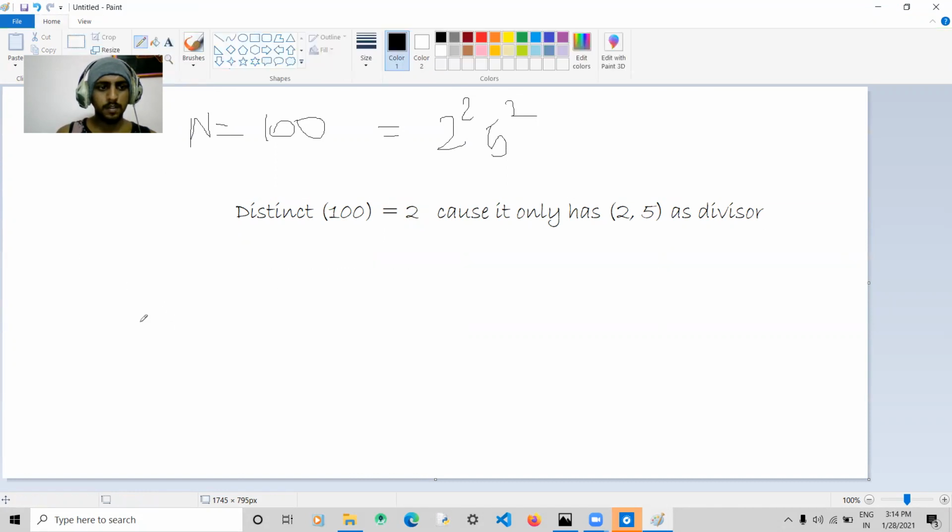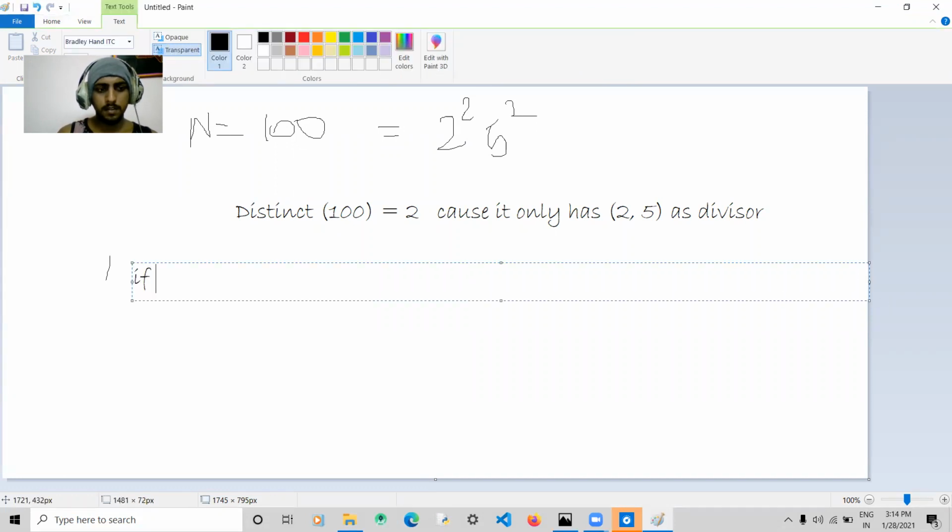So in simple words, if is prime of distinct, whatever number you put here, is true or not.